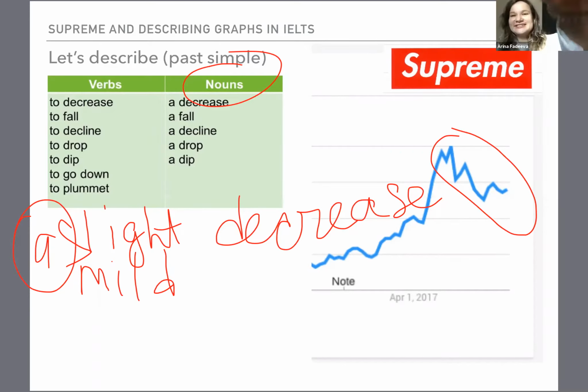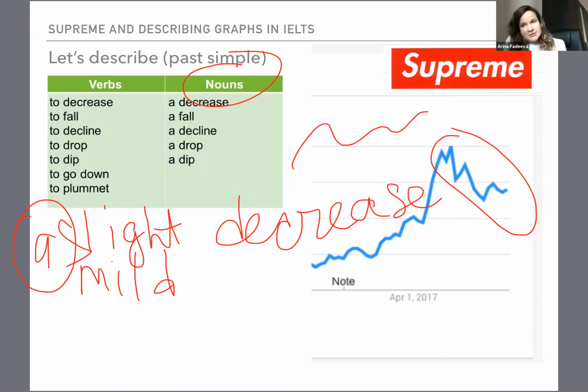An apparent decrease. Yes. So guys, to recap, try to use both verbs and nouns. The thing is not to impress the examiner with the words like plummet, soar, or plunge. Those are perfect, but you don't always have the graphs with extreme numbers. Sometimes it's just a mere fluctuation and you need different vocabulary.